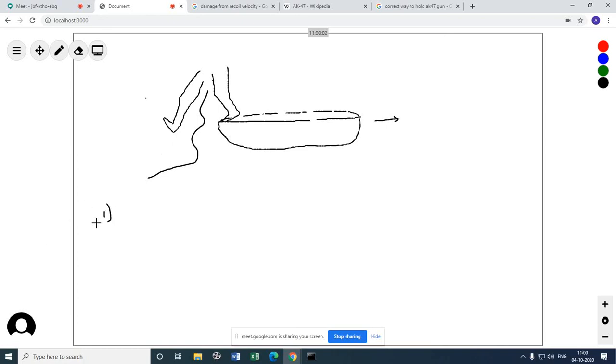So another example will be, I leave this for you to explain. When a person jumps from a boat to the shore, the boat slightly moves away.